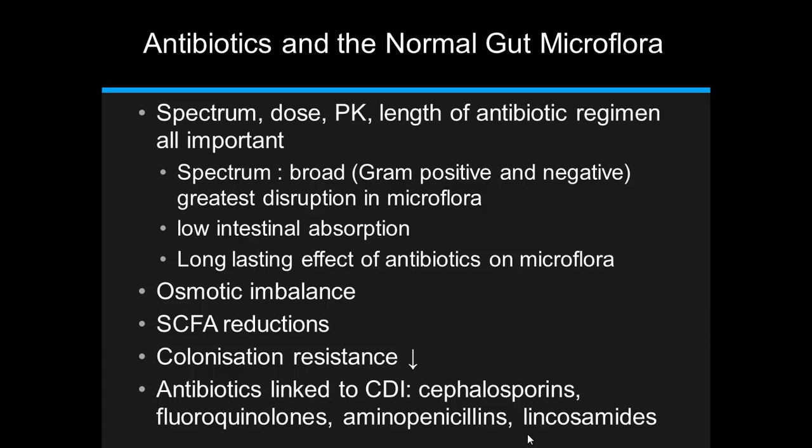Therefore, in a similar way to aminopenicillins, C. diff generally will remain within the colon until concentrations go below an inhibitory threshold, and then the organism can grow and produce its toxins. Some of these antibiotics can disrupt the gut microflora for many weeks after a dose of antibiotics has finished. Therefore, they provide a longer window in which Clostridium difficile can potentially cause infection.